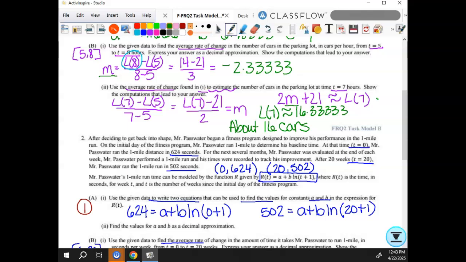Yes, ma'am. You don't have to. You have to have your computations for sure, like this. And here we didn't put units, and it does say cars per hour, so there's nothing wrong with that, but that's not something they have been really looking for. But that's a good question.